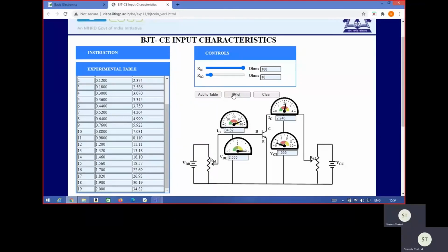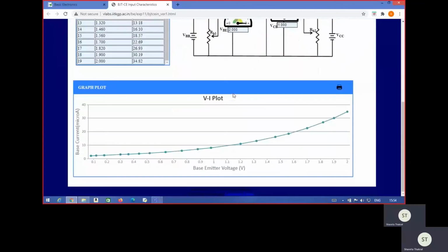So we click on plot and we see that here we have the VI characteristics of the common emitter transistor, and this characteristic curve is called the input characteristics curve, plotted between input voltage VBE and the input current, that is IB, keeping VCE constant.